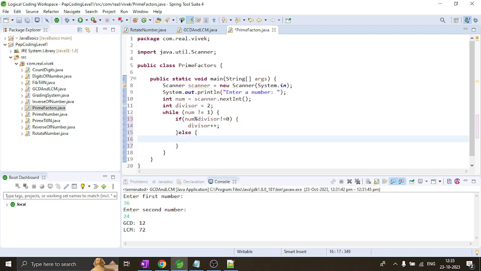Else, num is equal to num divided by divisor, and we have to print the divisor each time, right?